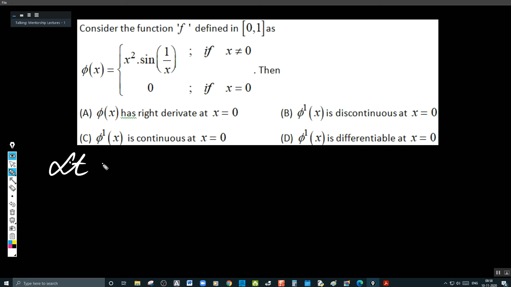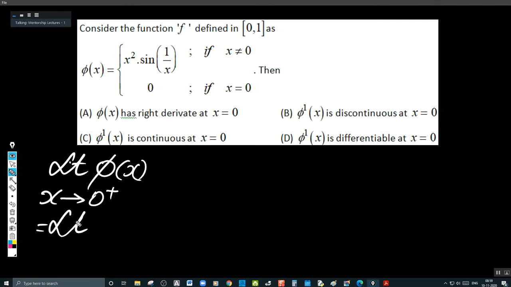According to the first option, limit of phi of x as x tends to 0 plus. If it is a single correct answer question, generally we solve the question. But in case of multiple choice, that is, more than one correct answer, you have to check the options. Whatever is given, you have to check it out.